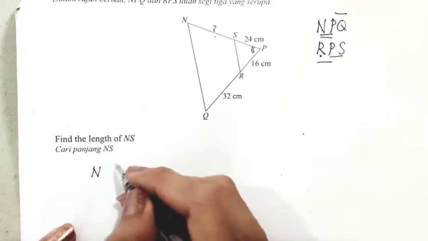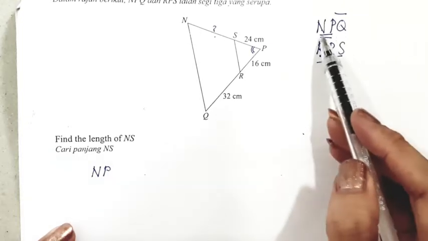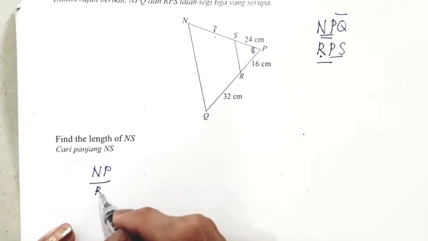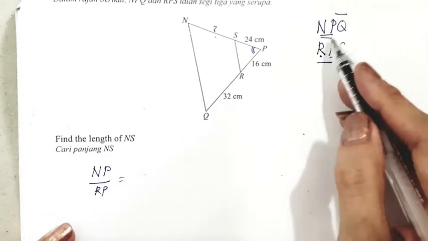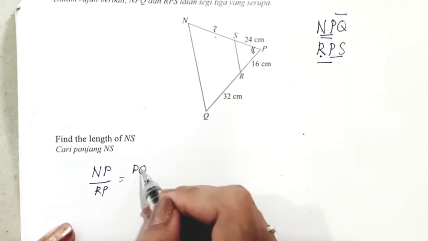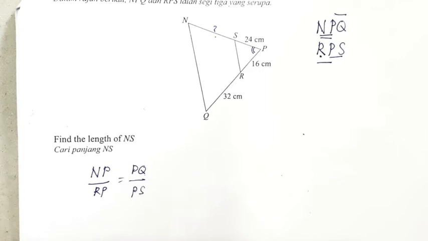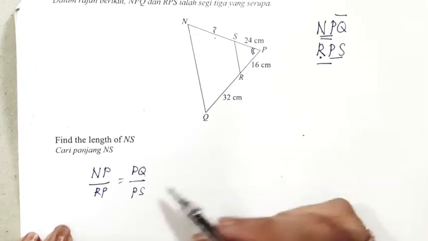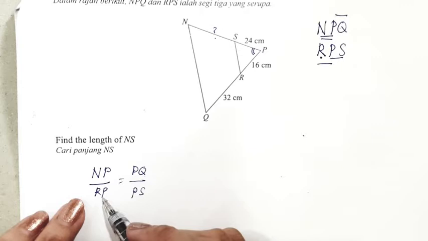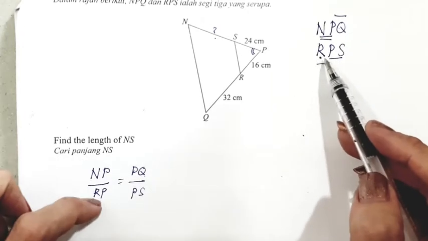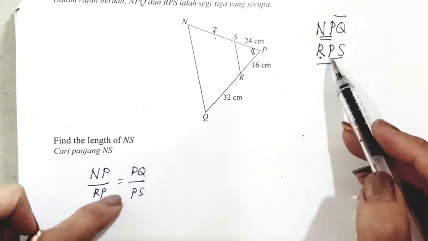So NP over RP is the same as PQ over PS. What actually are we doing? We're using the proportion idea to solve this question. So do we have RP? Yeah, double check. NP over RP equals PQ over PS.